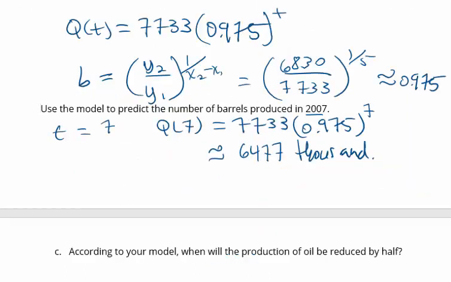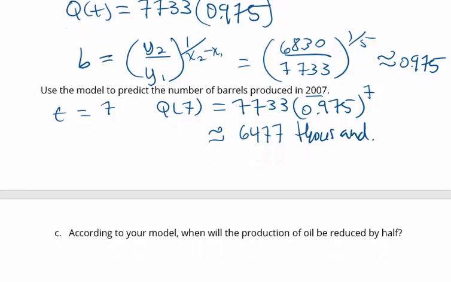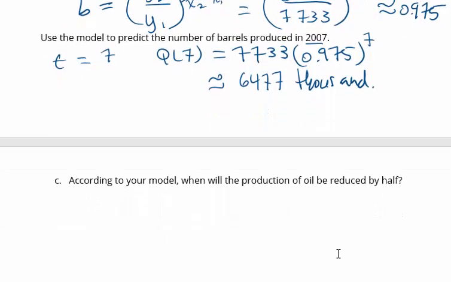Okay, and lastly, according to your model, when will the production of oil be reduced by half? Okay, so the good news is, just knowing the relationship between the initial and later amounts, we can go ahead and put a 1/2 on the left. So 1/2 is equal to 0.975 to the t.